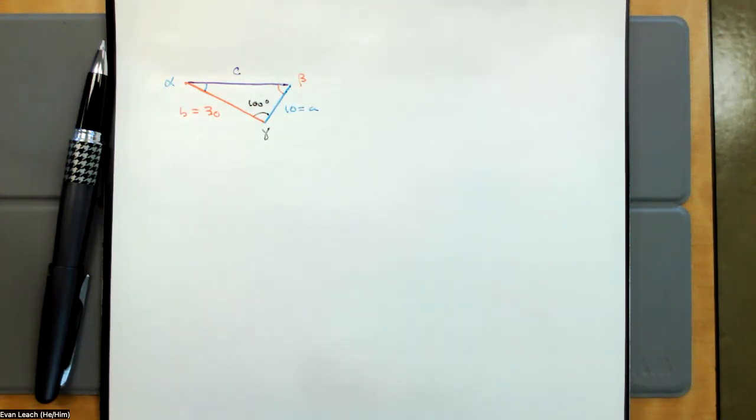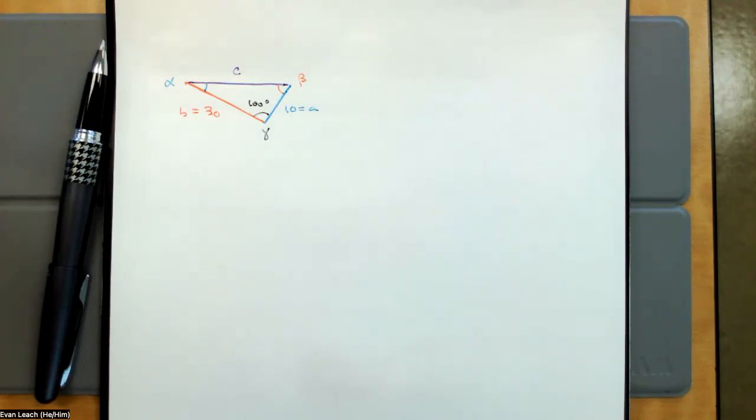So I have three pieces of information. I've got A, B, and gamma. I don't have an opposite set of parts, so I can't use the law of sines. I also can't use anything with hypotenuse in it because we don't have a right triangle.